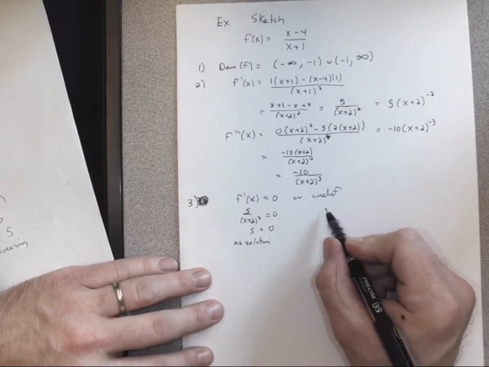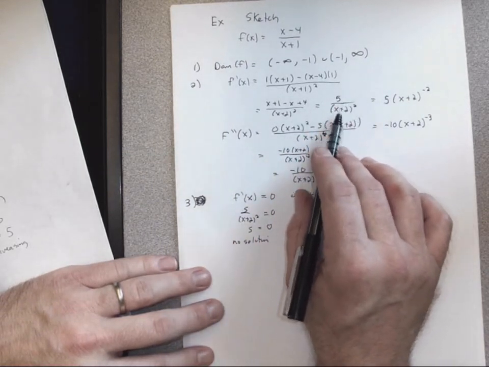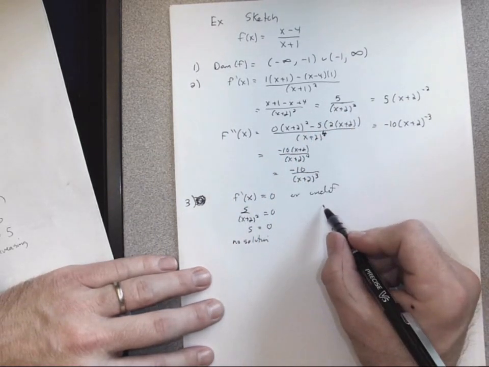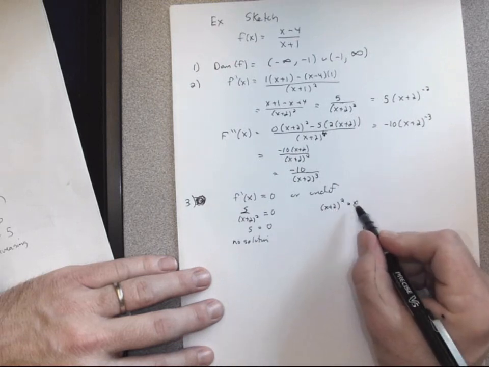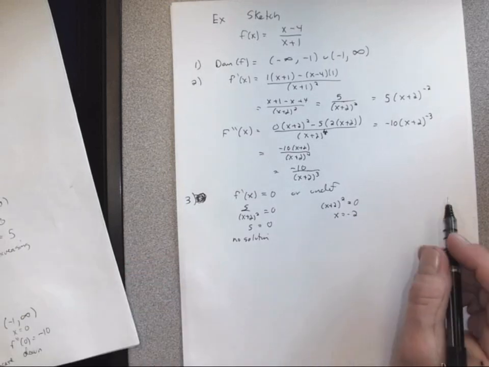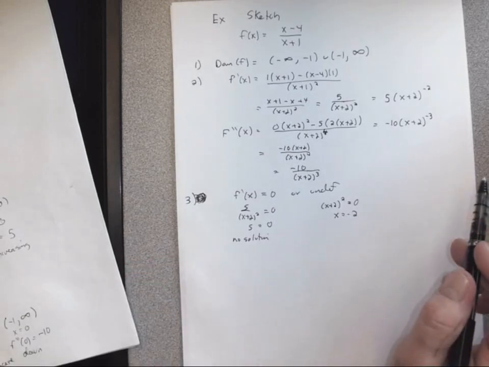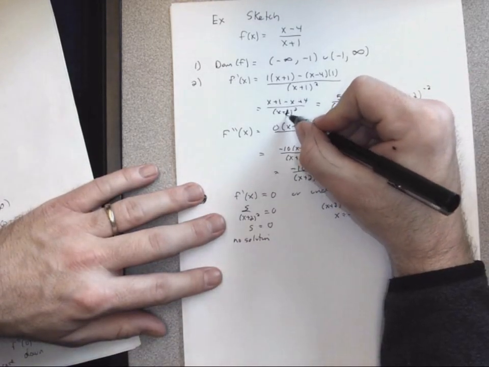For this one, it's undefined. We know the derivative would be undefined when the bottom is equal to 0. So for undefined, this would be when x plus 1 squared is equal to 0. So when x is equal to negative 1, so square root both sides. I don't know how I changed it, but this should be a 1.